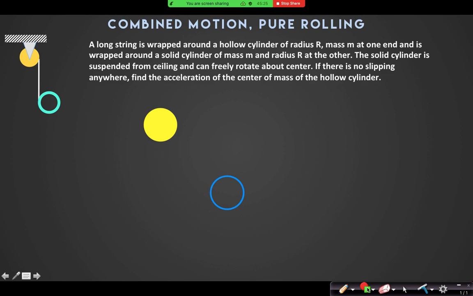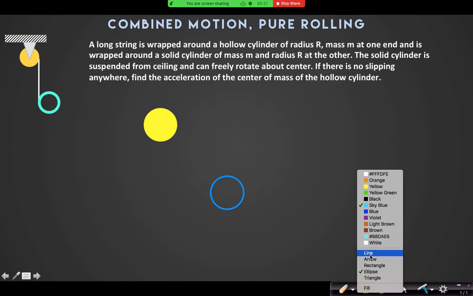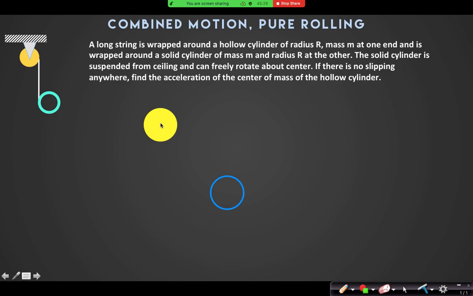If I talk about the forces on the cylinders, then on the first cylinder, what are the forces? It is the hinge force from the ceiling. Hinge force is there from the ceiling, weight mg is there, and tension is there.